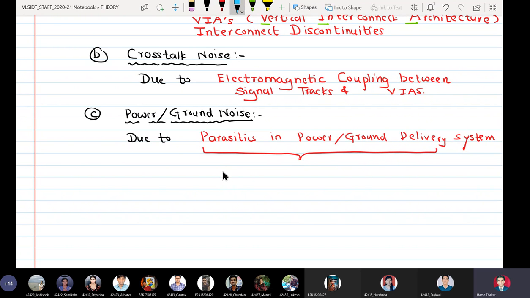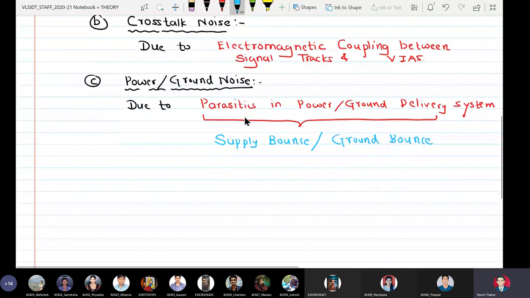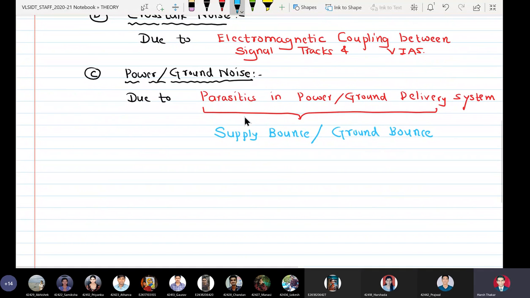Already we have discussed this. In addition to the above three noises, that is reflection noise, crosstalk noise, and power ground noise, we have EMI and EMC also responsible for signal impurity issues.